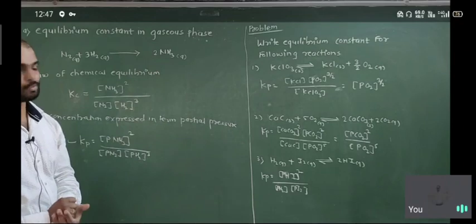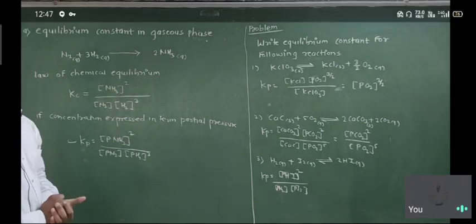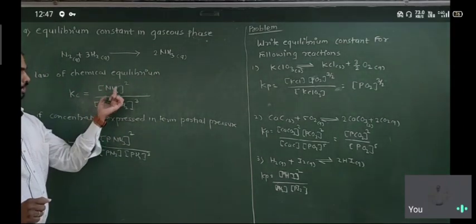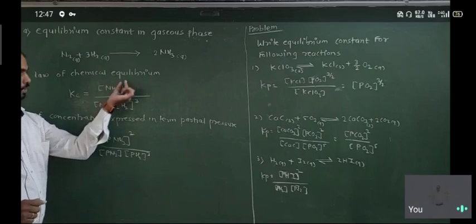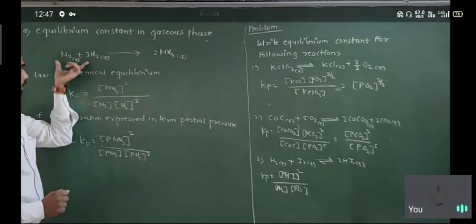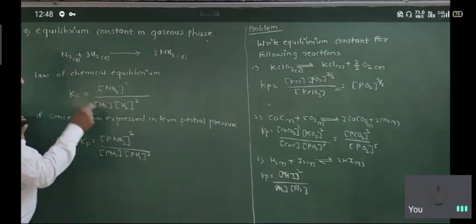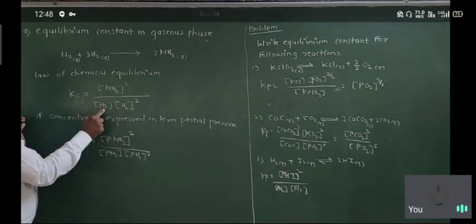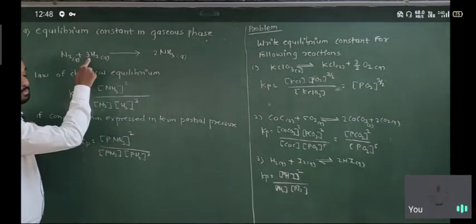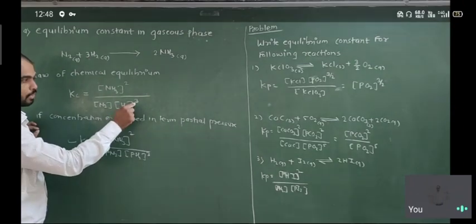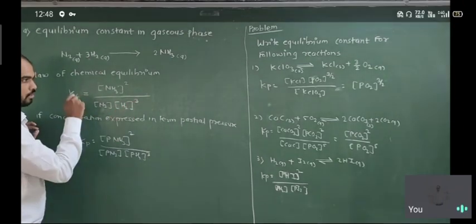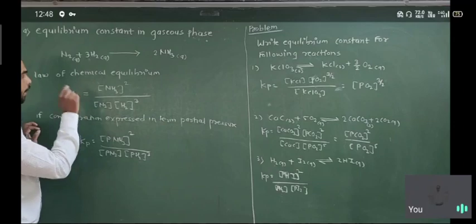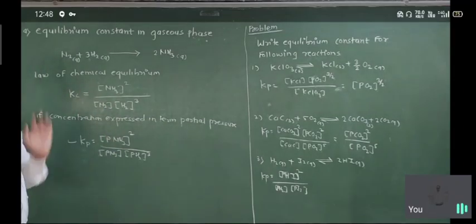There are two NH3 molecules, so the power is 2, upon the reactant side: N2 has no power, so single N2, and H2 has 3 molecules, so again we consider power 3. This is the equilibrium constant according to the law of chemical equilibrium.